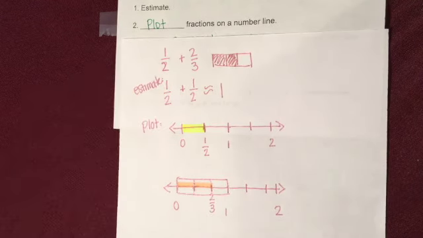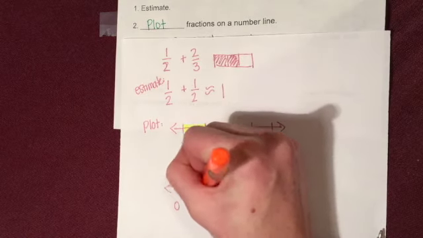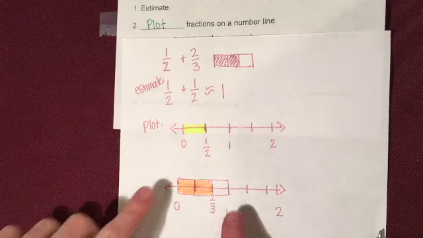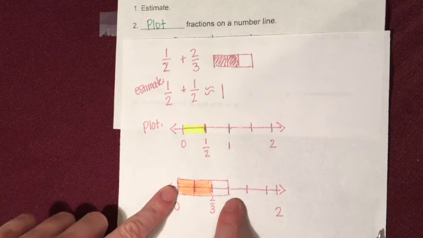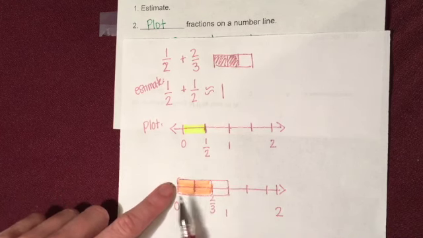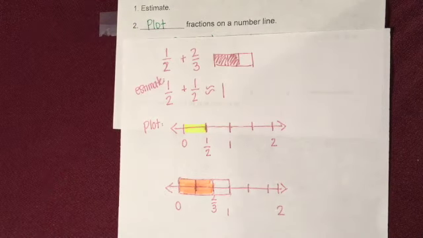And I'm going to take my highlighter and highlight that whole box. So if you're confused with number lines, you can always extend your tick marks, make a rectangular shape and shade it in, and it will be the same as the diagrams that we were doing before.